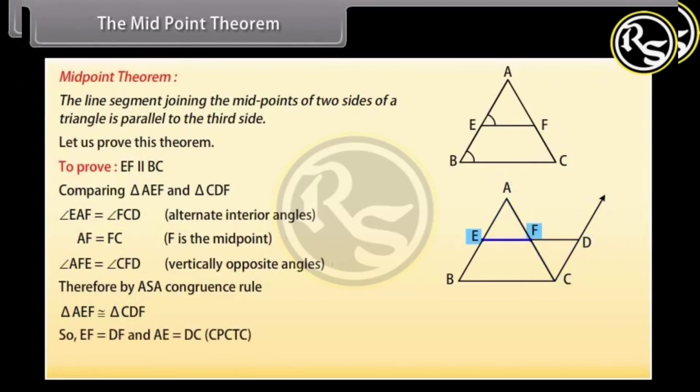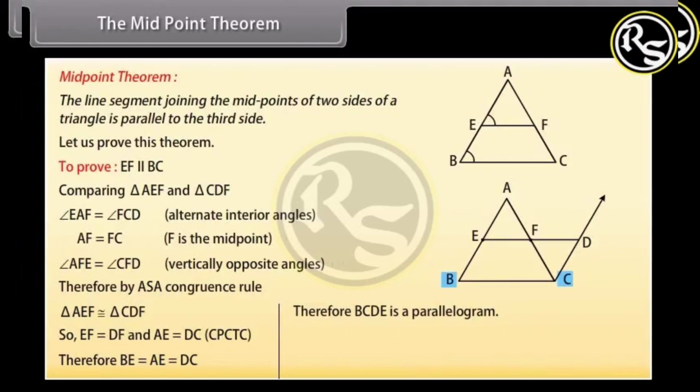So, EF is equal to DF and AE is equal to DC by CPCTC. Therefore, BE is equal to AE, which is equal to DC. Therefore, BCDE is a parallelogram. This gives EF parallel to BC. Hence proved. Also here, EF is equal to 1/2 ED, which is equal to 1/2 BC.